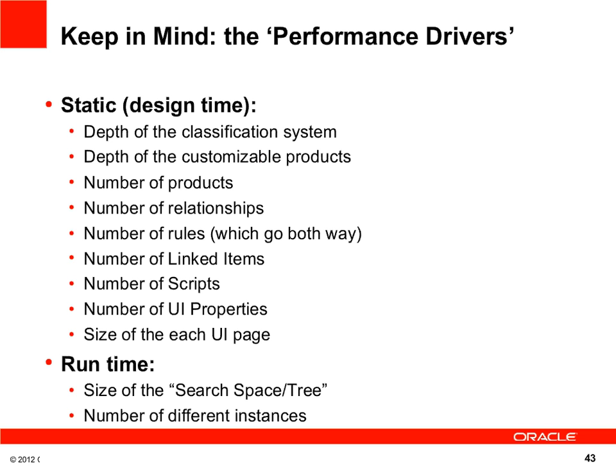And take care that the depth of the classification system and the depth of the customer product is not too high. It should usually not go over a level of 3. Then you will always have a quite good search space, search tree, and the search space for the iLog engine simply means how many possibilities do I have to create different instances. If you can reduce this, then the number of different instances goes down, and it will improve the performance of the system.